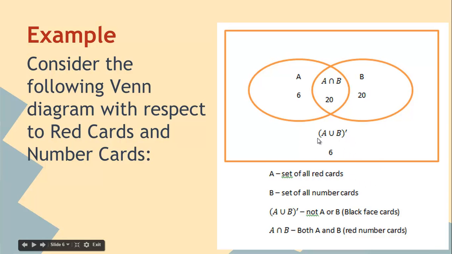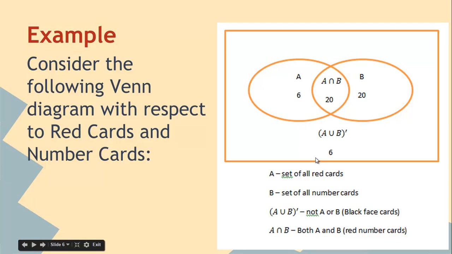We don't often say it like this, but this is A union B, which would be 46. A or B means you've got your red card or a number card, and there are 46 of those. And there's 6 that are neither.